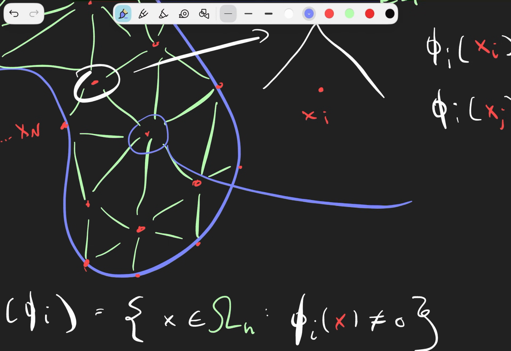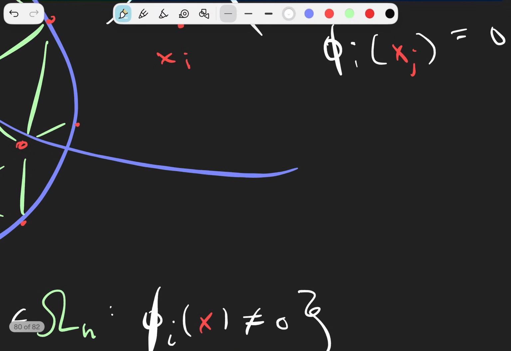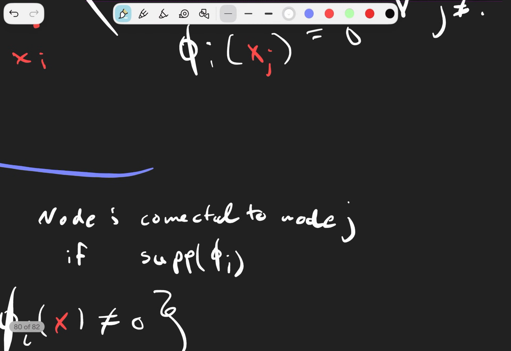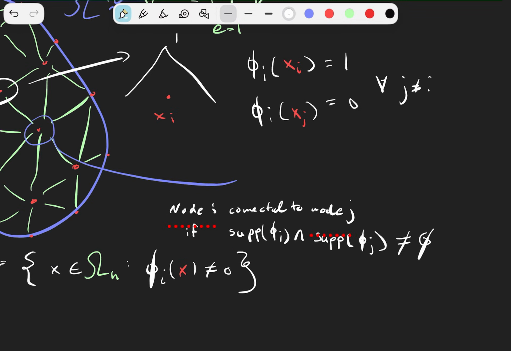If we want to wire a circuit, this circuit wiring would be connected to node, so let's say node i is connected to node j if the support of the basis function at that node i intersects the compact support of the basis function j, and if that intersection is not equal to the null set.